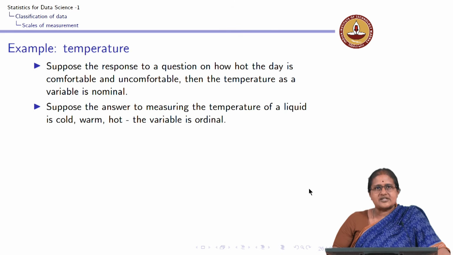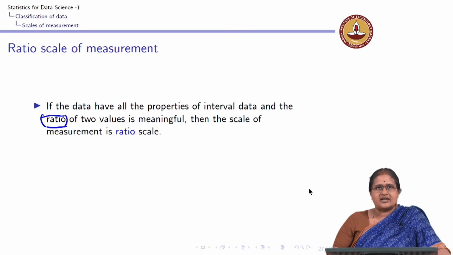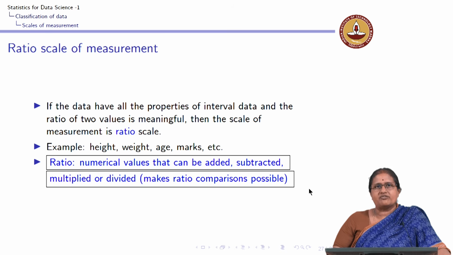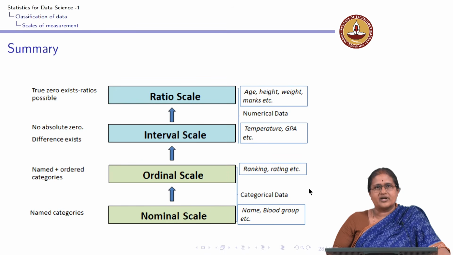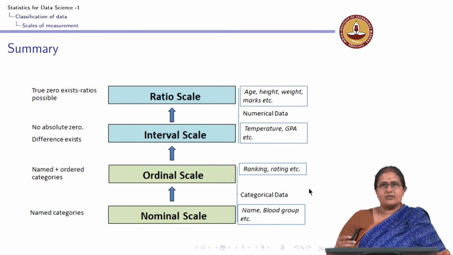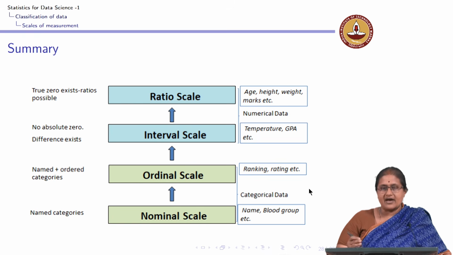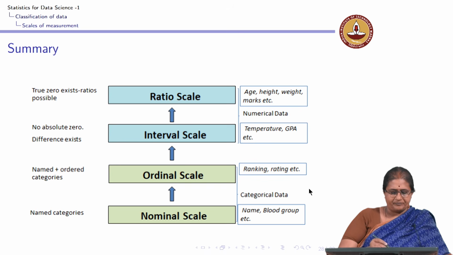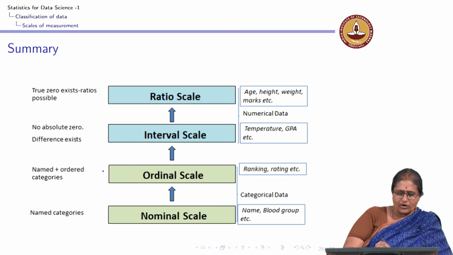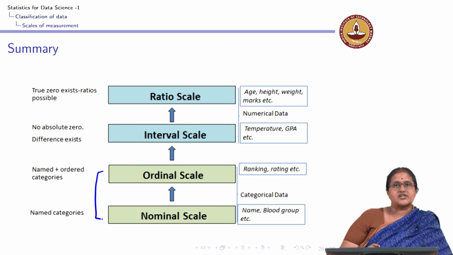Whenever you are presented with a data set, after you identify the variables as categorical or numerical, it is extremely important for us to understand that when I have categorical data, I have the nominal and ordinal scale.